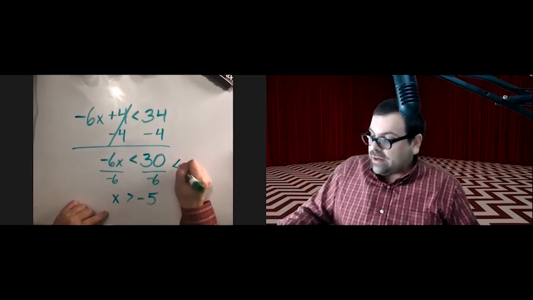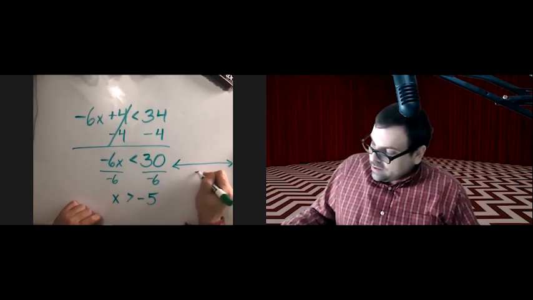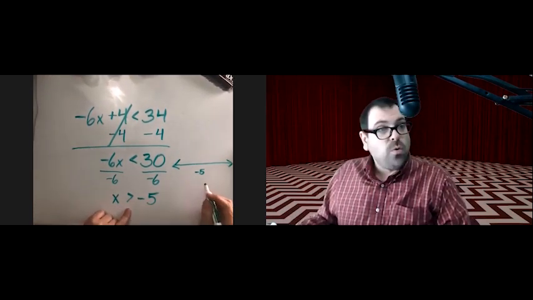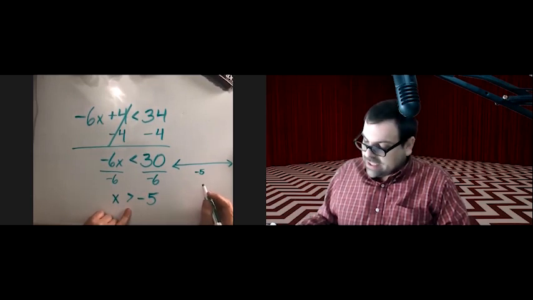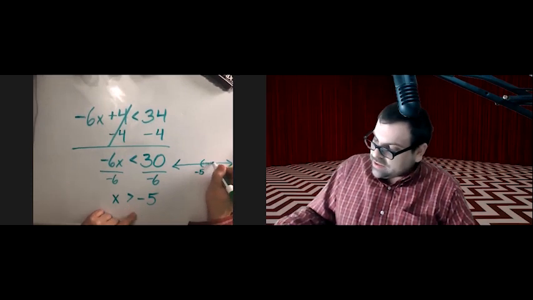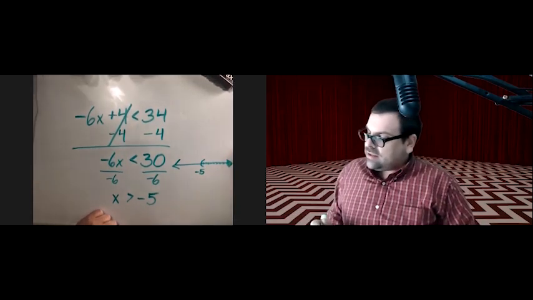On a number line, that means we would be at negative 5. There's no or equal to, so it's a parenthesis. And we want to graph greater than. So it's an open parenthesis with the shading to the right.